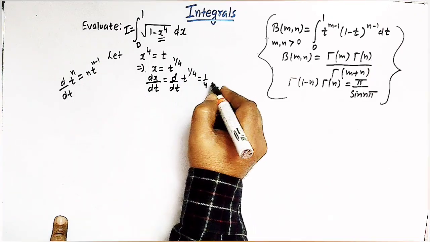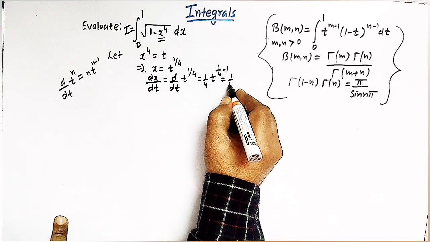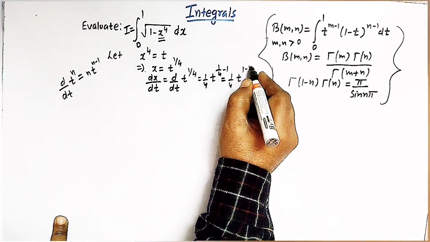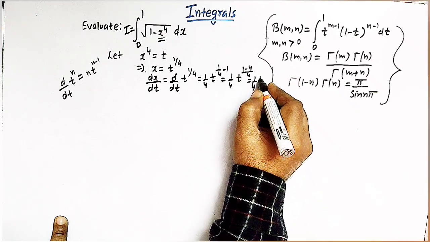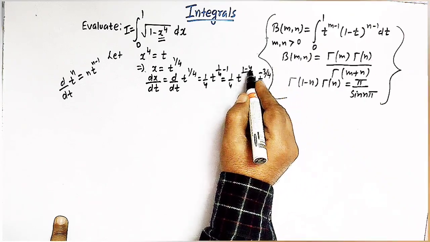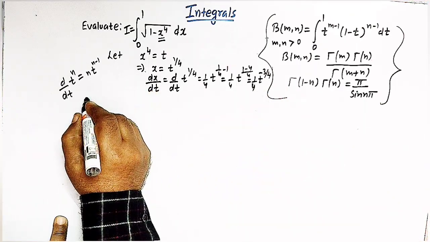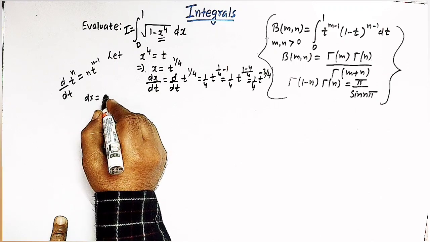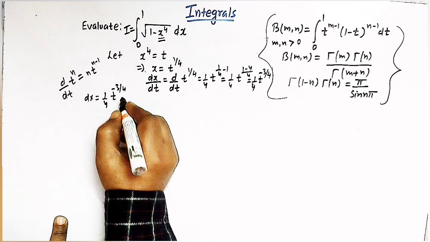So we have 1 over 4 t raised to 1 by 4 minus 1, that is 1 over 4 t raised to 1 minus 4 over 4, that is 1 over 4 t raised to minus 3 by 4. So 1 minus 4 is minus 3. So now let us write dx is equal to 1 over 4 t raised to minus 3 by 4 dt.